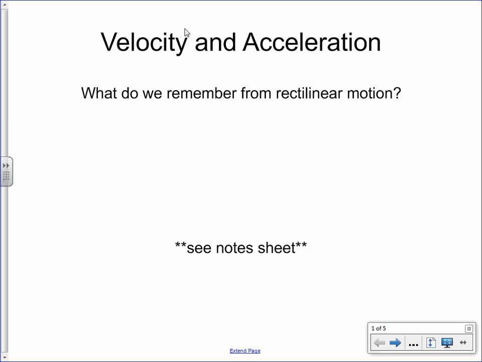So the speed of the particle is the magnitude of the velocity vector. We already talked about speed, right? If you look at that, it's basically just calculating the magnitude of the velocity vector.